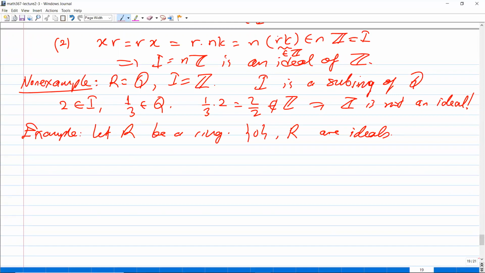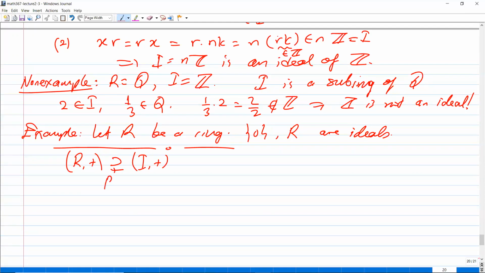Now, R with the addition is an abelian group, and I with this addition is a subgroup, so it's a normal subgroup. In an abelian group, every subgroup is normal.